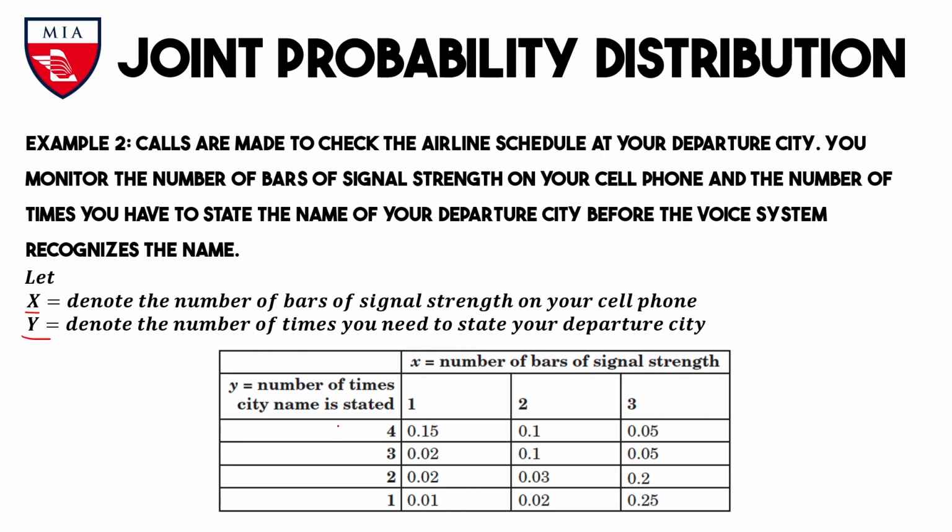Always remember, in joint probability distribution we are dealing with two or more variables, wherein x and y are used as the basis to denote a certain amount of a variable.